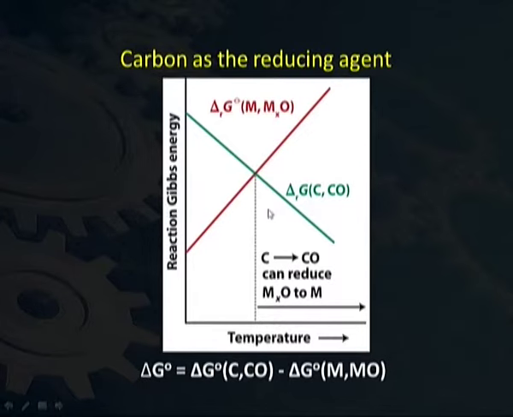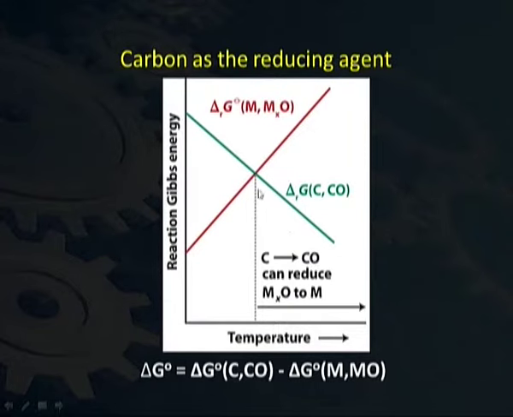Carbon is a very popular reducing agent, and let us look at some of the properties of how carbon can be used to reduce metal. This red line here is the metal oxide delta G equilibrium line, and this is of course the Ellingham diagram, where the y axis is delta G naught and the x axis is increasing temperature.